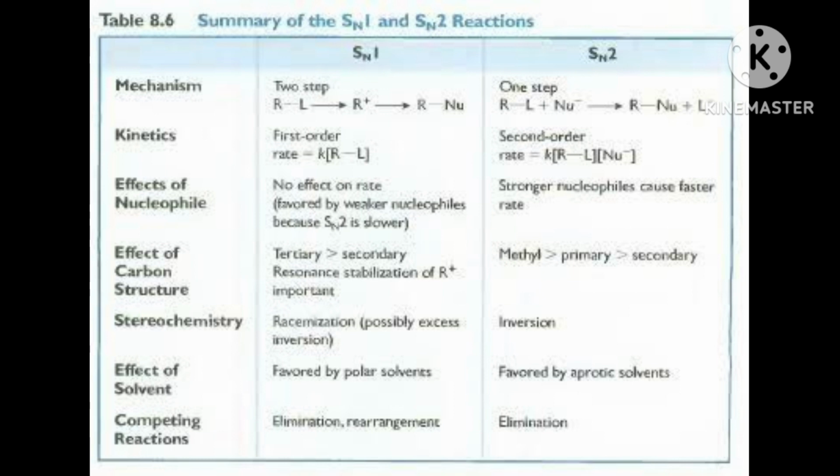Since the rate of reaction depends upon the slowest step, the rate of reaction depends only on the concentration of alkyl halide and not on the concentration of hydroxide ion. This is very, very important. Why? Since the rate of reaction depends upon the slowest step, for that reason, the rate depends only on the concentration of alkyl halide, not on the hydroxide ion.